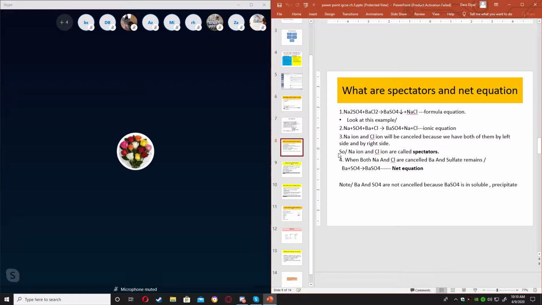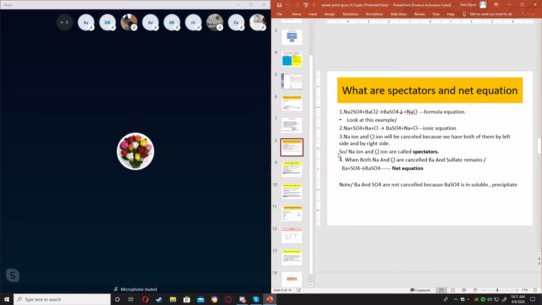Now, please look at both the reactant side and the product side. In both of them, you have sodium ion and chloride ion, which are similar. So sodium ion and chloride ion will be cancelled because we have them on both sides.